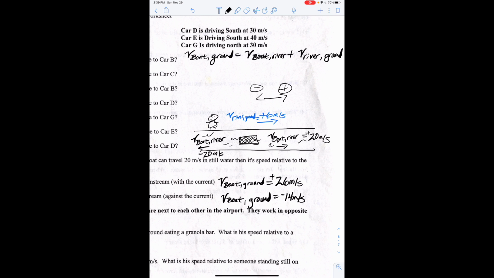And we'll have this first example be when the boat is going downstream. So this would be our guess, 26, for this one. So I'll write that in parentheses here. We think it's going to be 26.